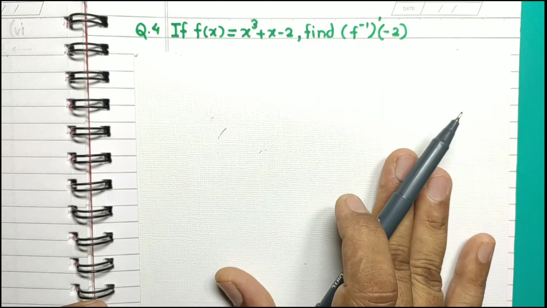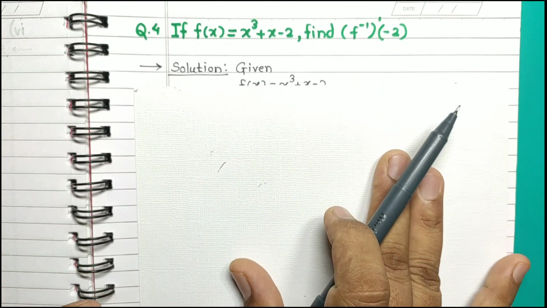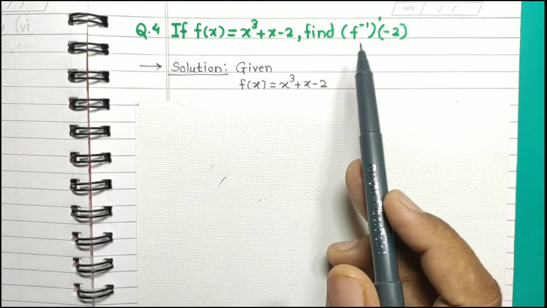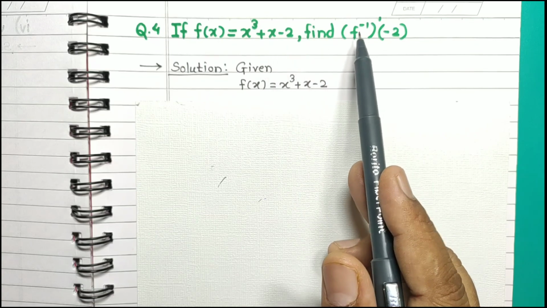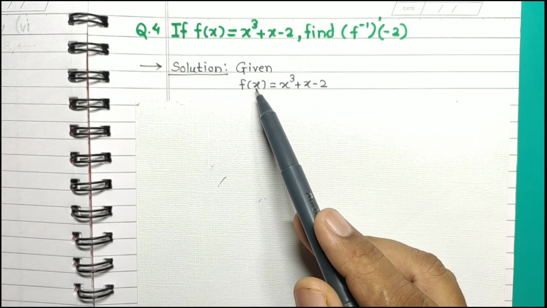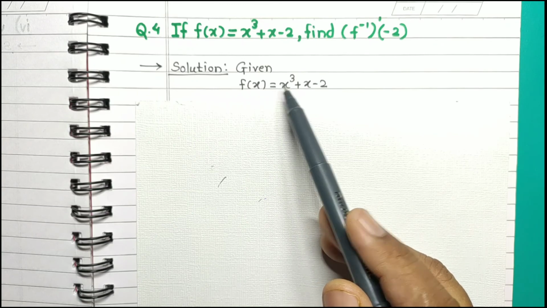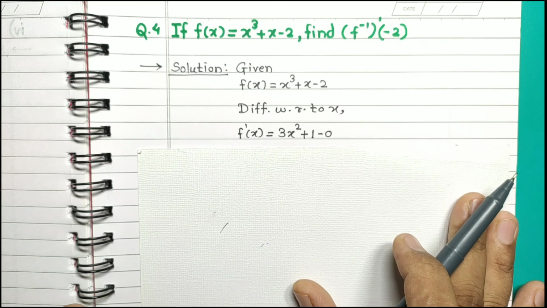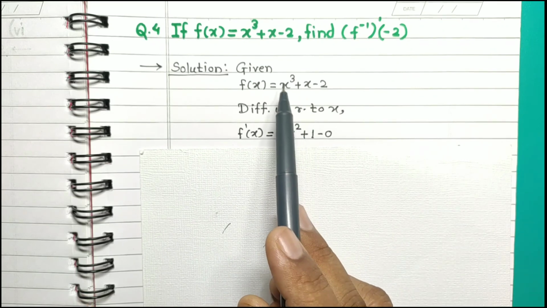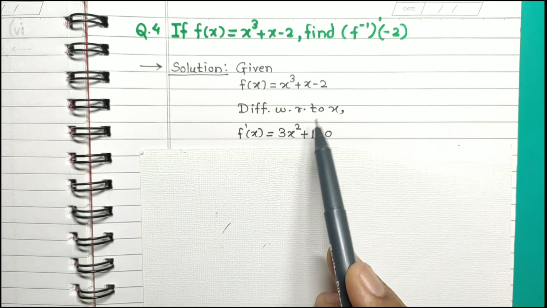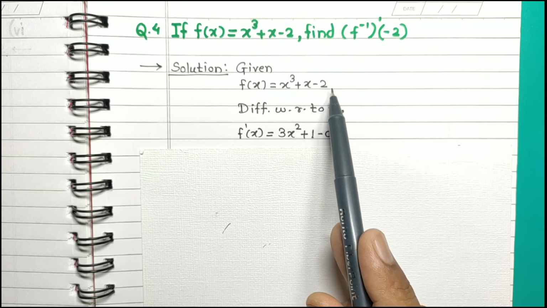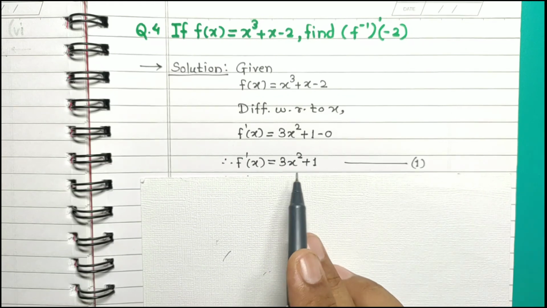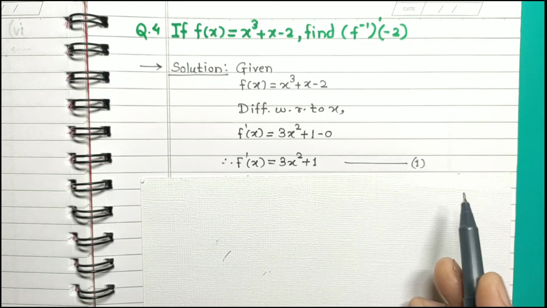So in the solution, you first write down the given function f of x. Again here, to find the derivative of the inverse function of f, first we have to find the derivative of this given f of x. So let's differentiate it. Differentiating with respect to x, we have f dash of x is equal to the derivative of x³, which is 3x², the derivative of x is 1, and −2 is a constant so its derivative is 0. So f dash of x is equal to 3x² + 1, call it equation number 1.